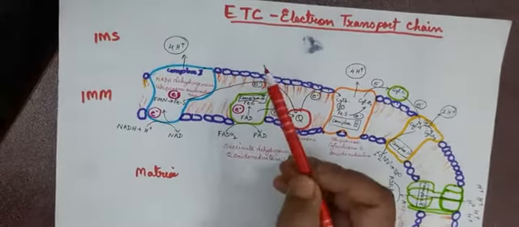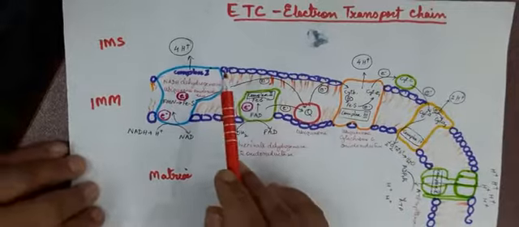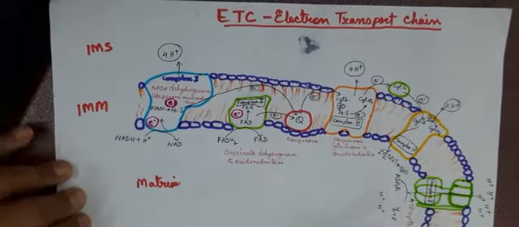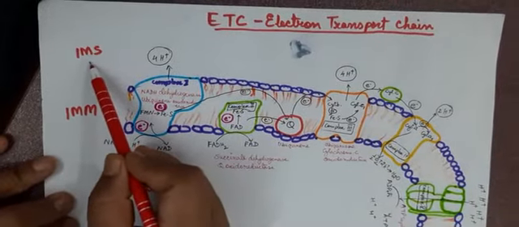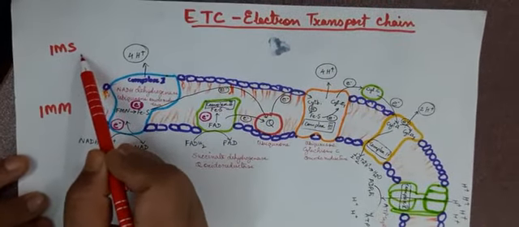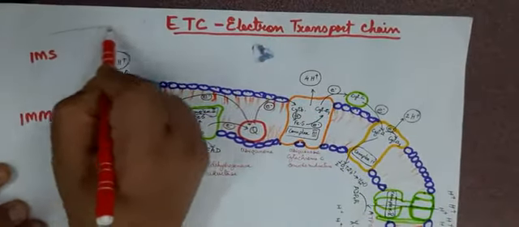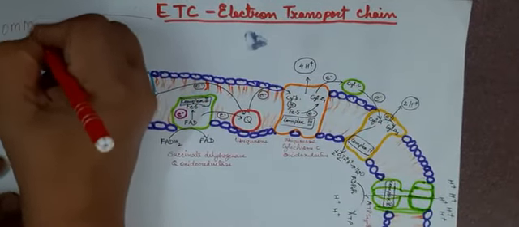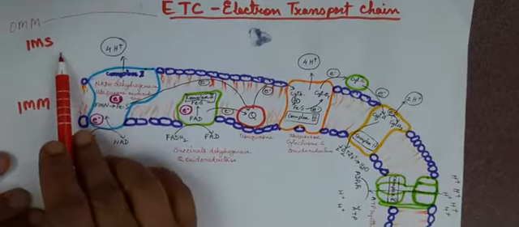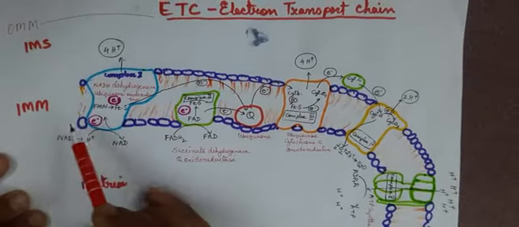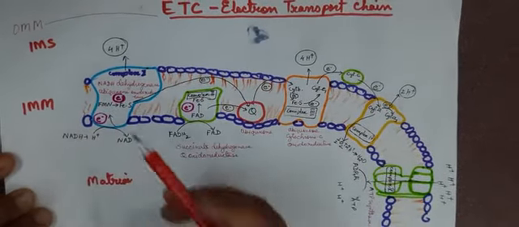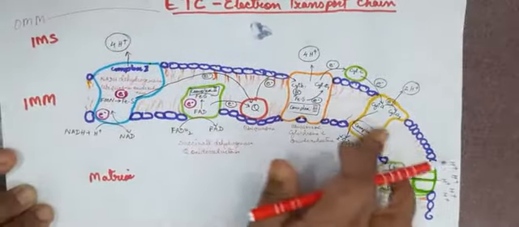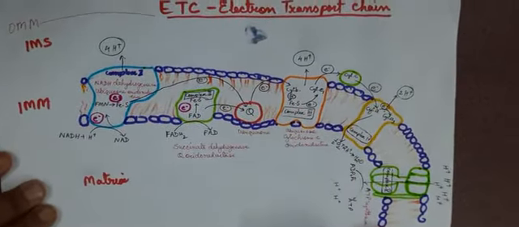So now we can see this electron transport chain with this diagram. You can see this is the IMS, that is the inner mitochondrial space. There will be the outer mitochondrial membrane also. This is the inner mitochondrial membrane, the bilayer of the inner mitochondrial membrane.